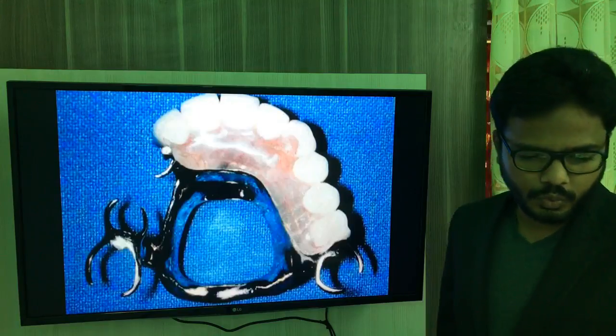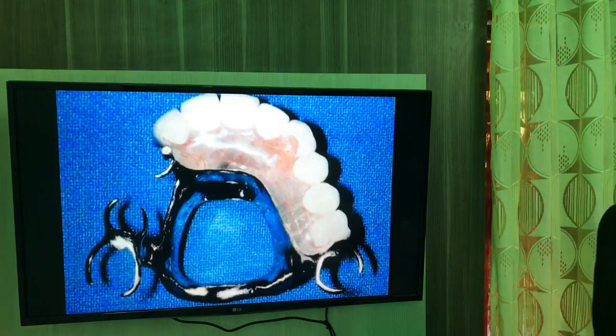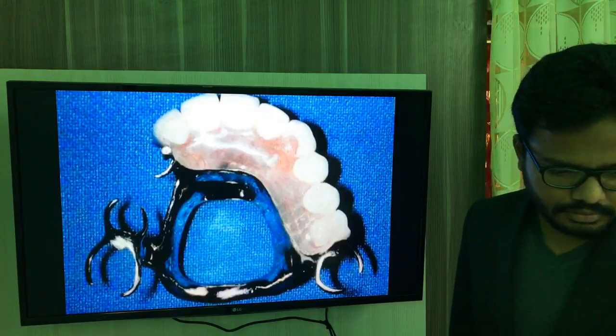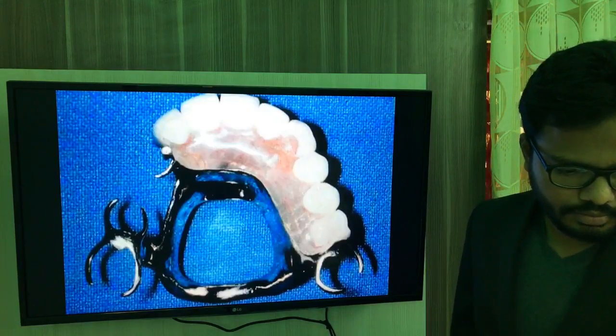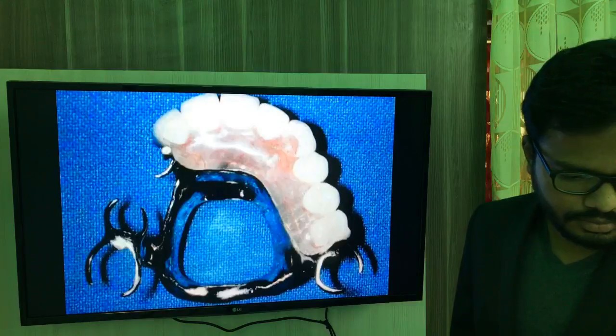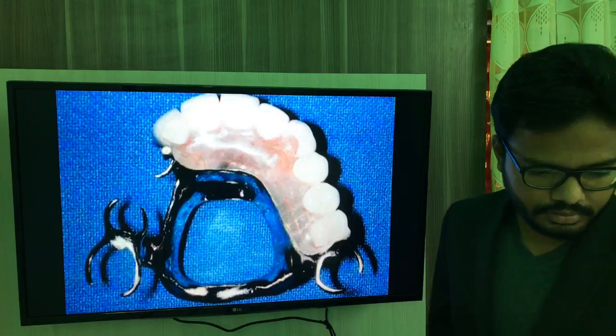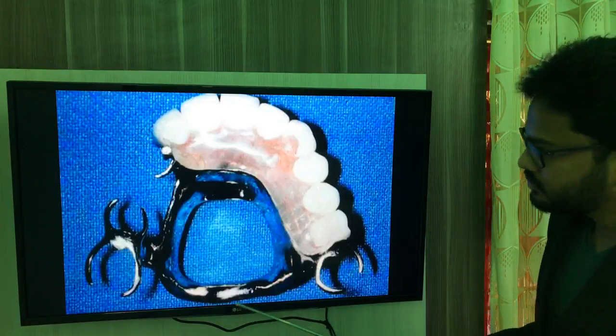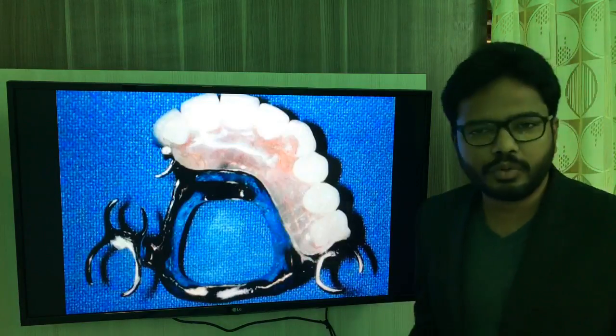Closed horseshoe, okay, right. You can see palatal bar, anterior and posterior.